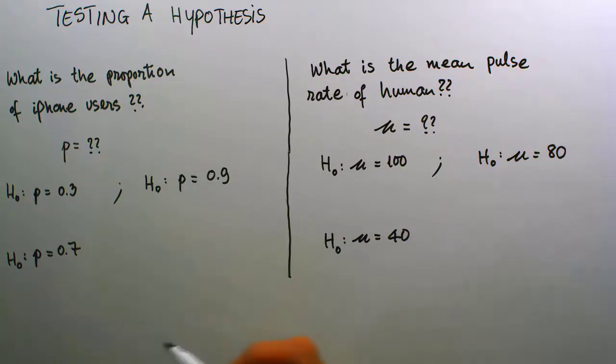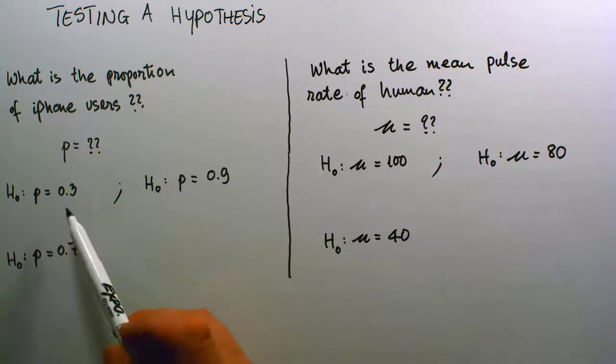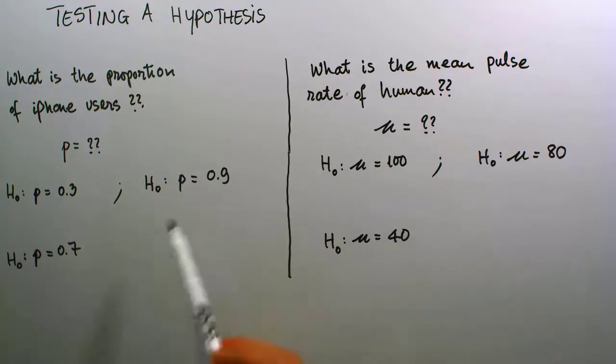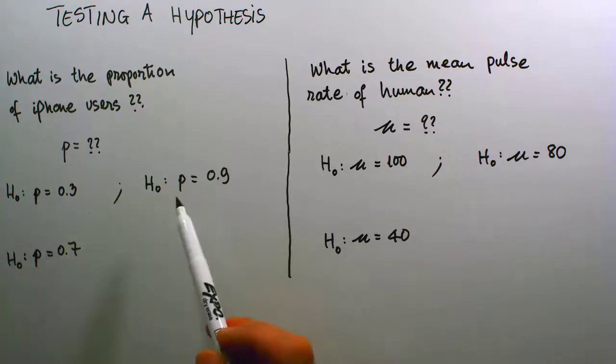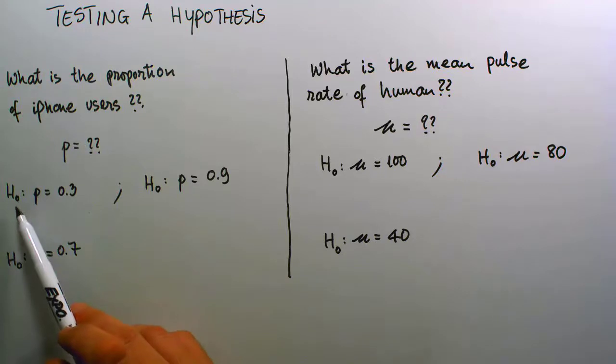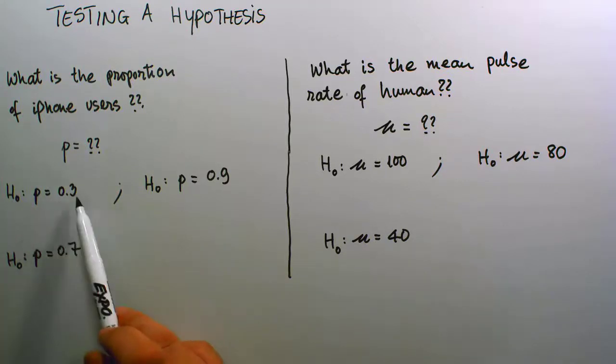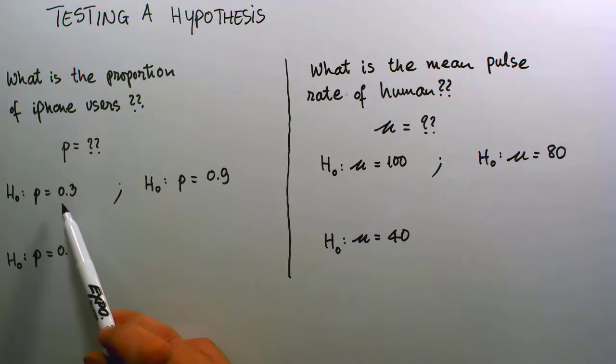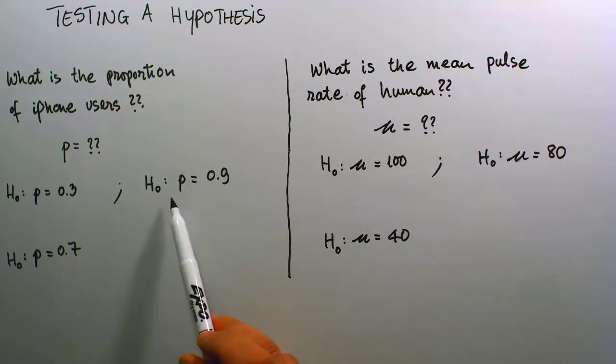If we are about to test any of these, the point now is that any of these as a null hypothesis can be tested for its own truthfulness. So this null hypothesis, p equals 0.3: if you want to find out how truthful it can be, we have to do a test.